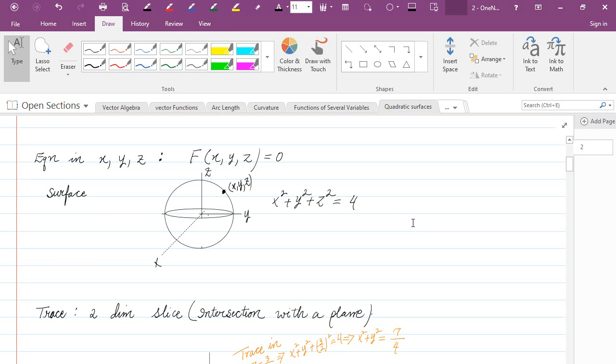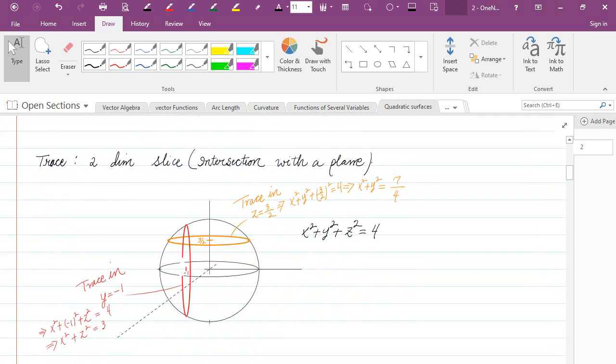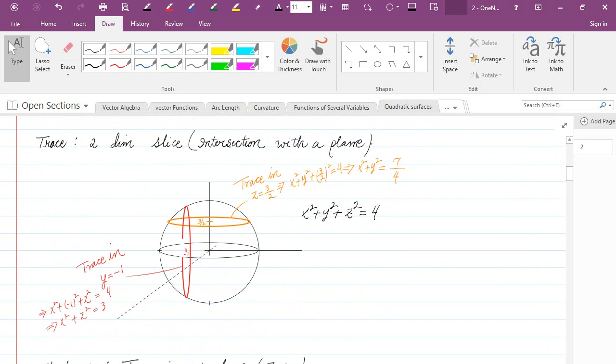Okay, so now I'm ready to define what a trace is. So what's a trace? Well, simply put, let's say we are looking at the graph of an equation in the 3 space, and then the intersection of the graph with a plane is called a trace.